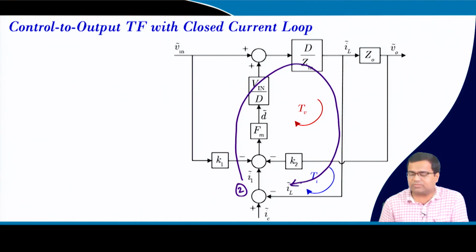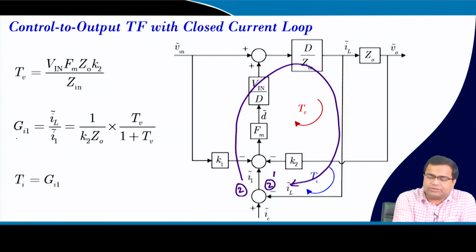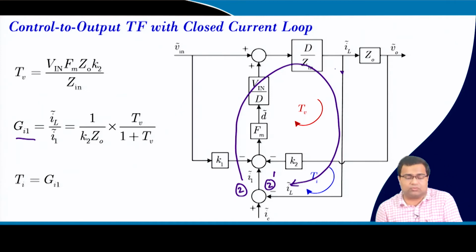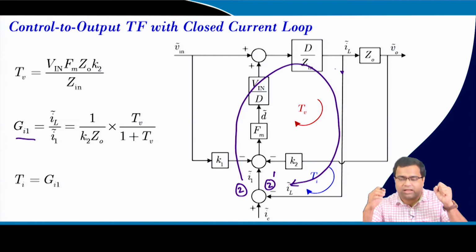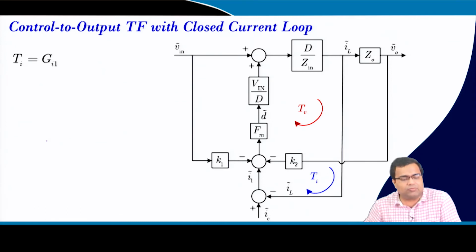This is my current loop, right. So, this is my 2 dash. So, what is my current loop transfer function? It is nothing but the one which is obtained, because we have not considered any feedback gain in the current loop. If we consider, then they will be different, otherwise this is the one which we obtain, IL theta by I1 theta. So, we got the current loop gain.